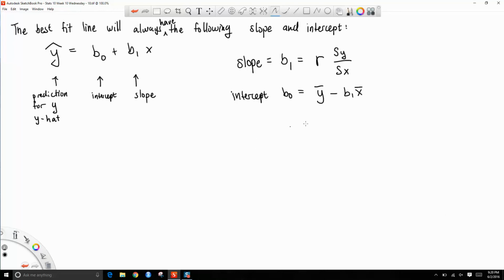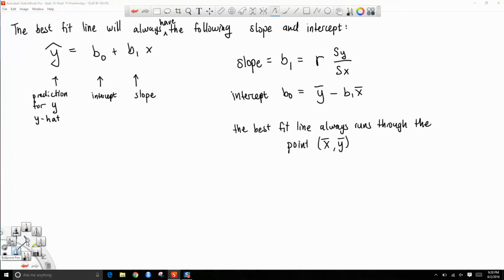A consequence of this is that the best fit line always runs through the point x bar, y bar.